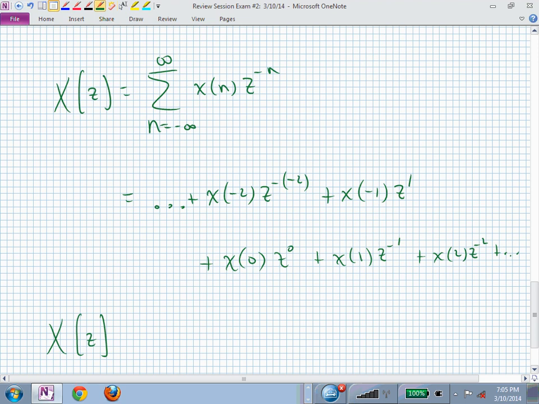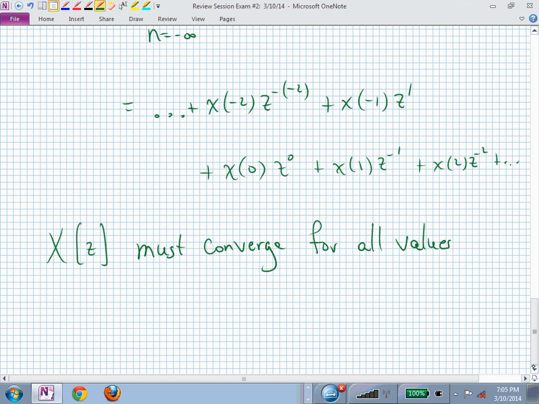X of z must converge, or give us a number, a bounded value, for all values of z in the region of convergence.